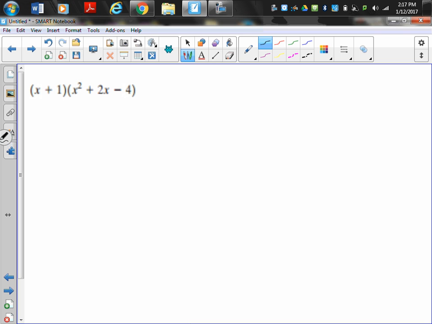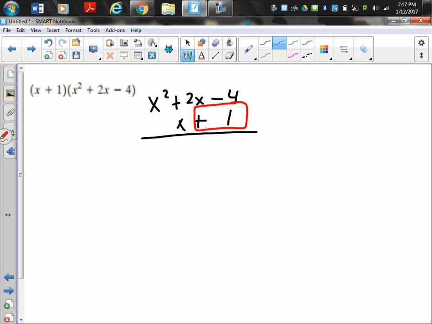I'm going to set it up. The one that has the most terms goes on top. x squared plus 2x minus 4. Now I'm multiplying that by x plus 1.